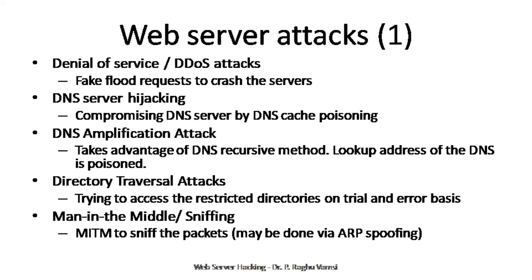Because IP addresses cannot be remembered, a naming convention is provided for the IP addresses of the web servers. Whenever you type this name, the browser will take the help of the DNS service, that is domain name service, and this particular name will be converted into the IP address, and then the request will be forwarded further. So DNS server hijacking is nothing but compromising the DNS server by DNS cache poisoning.